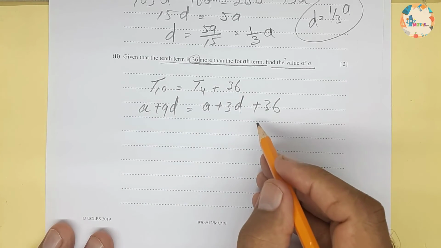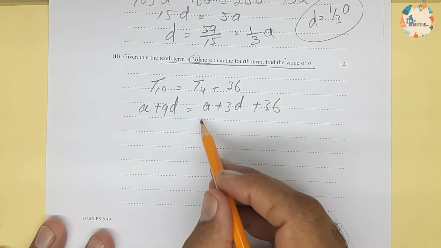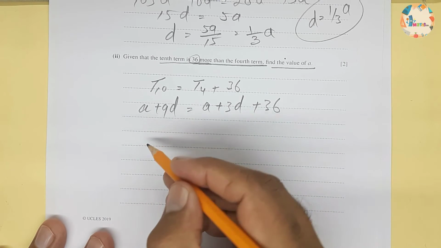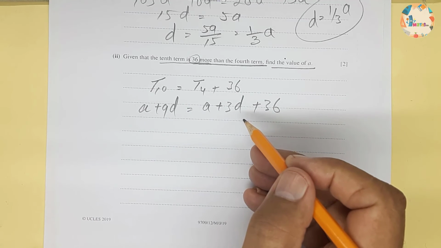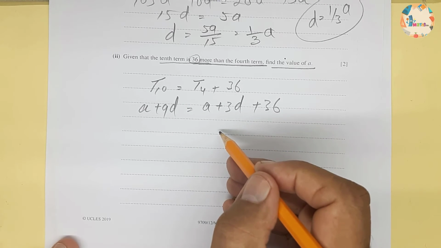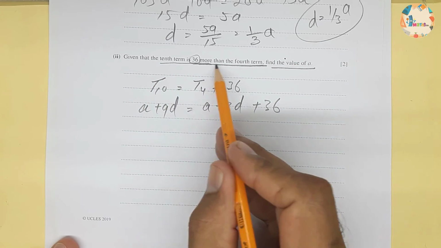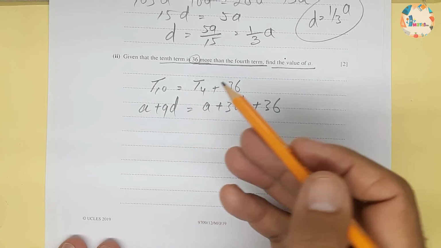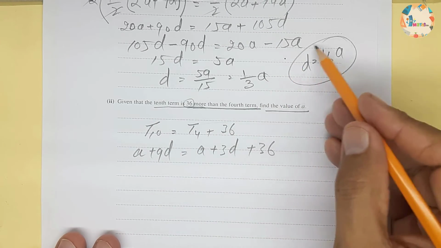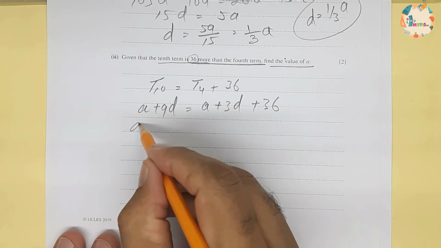Now we have to simplify and find the value of a. So we can use the result of the previous question, d is equal to 1 by 3a, and we can replace it here.